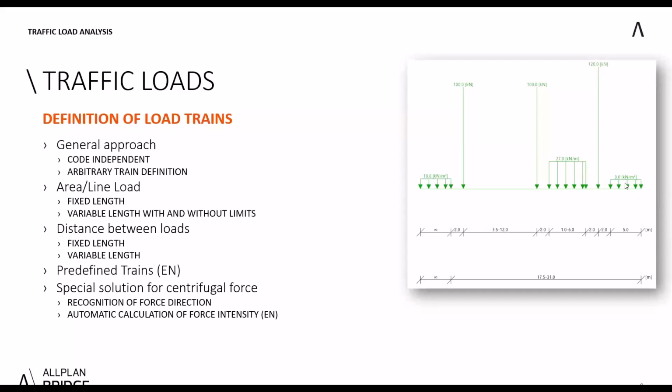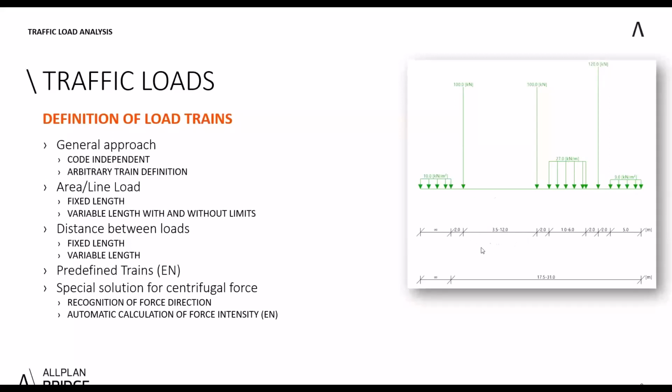But you can also define area loads like in kilonewton per square meter. If you do this, then the program will automatically multiply the area load by the width of the lane. And this also works if you have a changing lane width. So if the width of the remaining area is changing, you will always have the accurate line load on it.